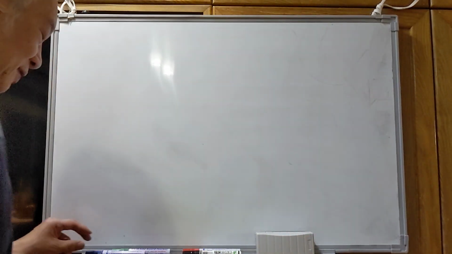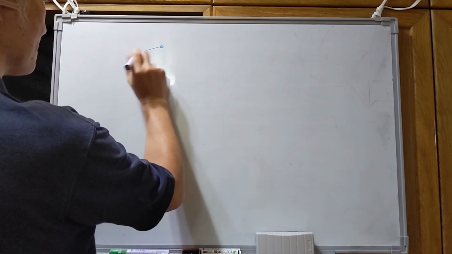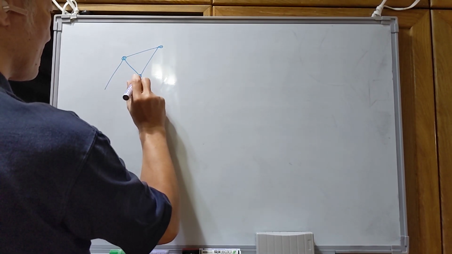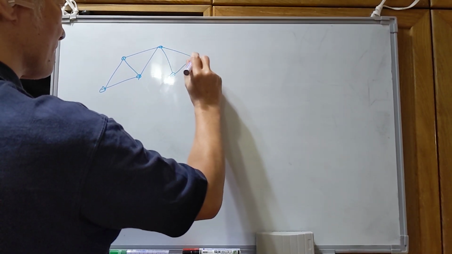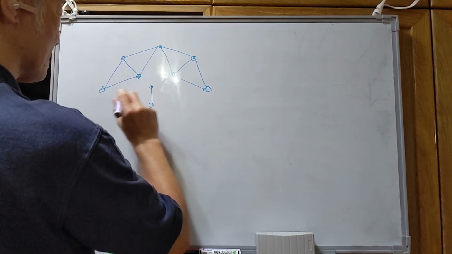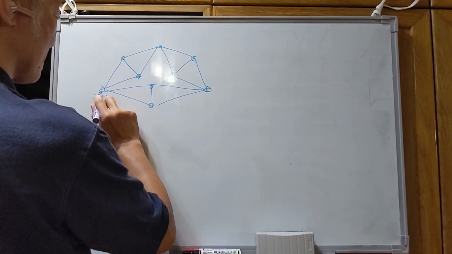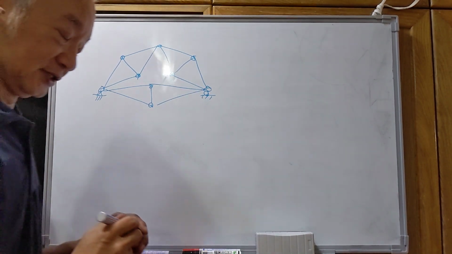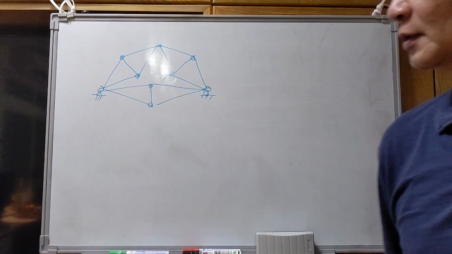Okay, for the other applications, I will draw structures. If we got a structure like this one, how can we solve the problem?